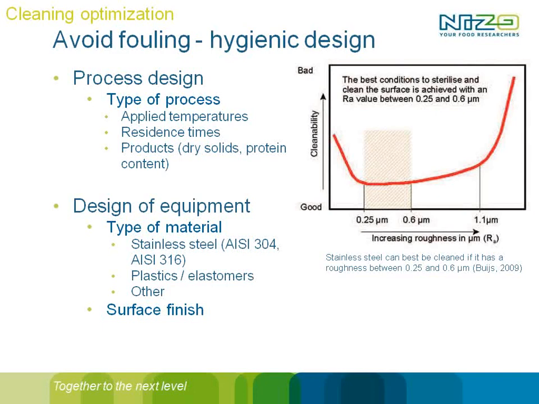Having a rougher surface leads to a surface that is worse to clean, but very interesting as well, a very flat, very nice surface can foul more heavily than a slightly rougher one. So your roughness shouldn't be too low or too high. Both of them are actually not good. Be in the right region.